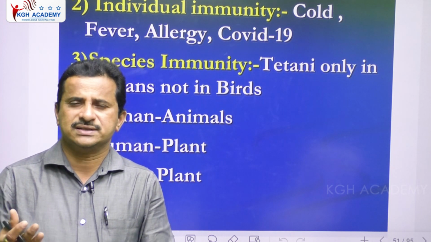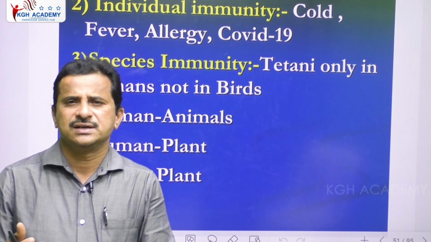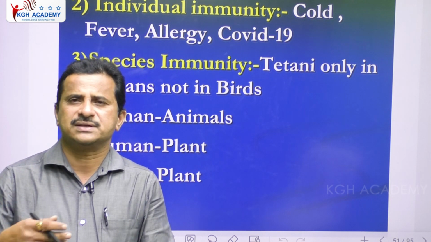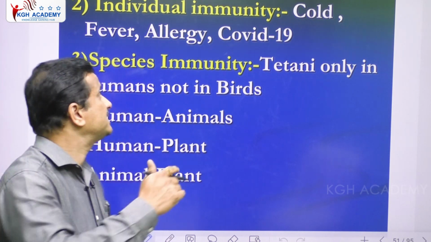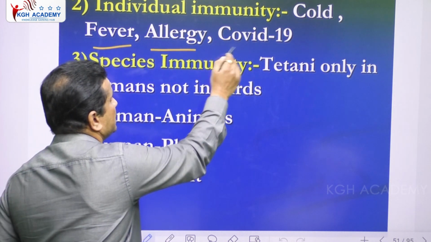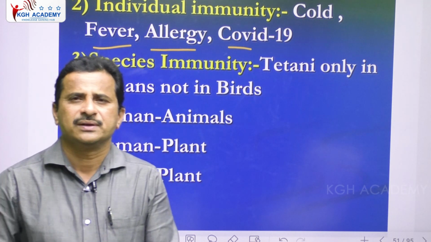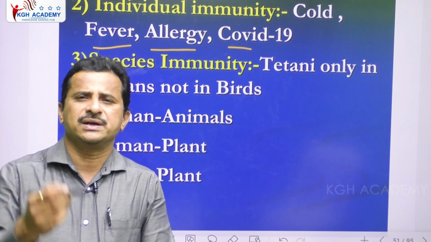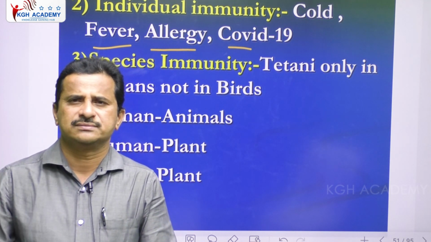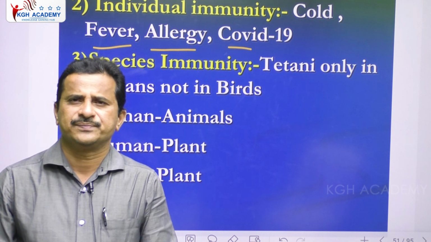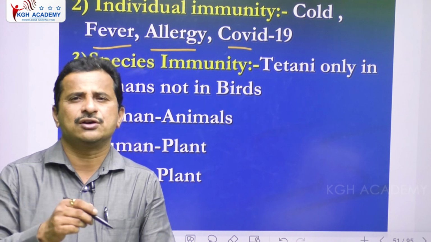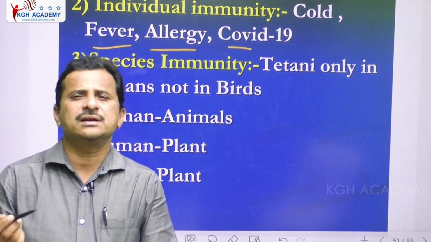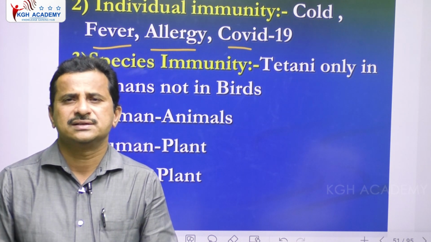Like many infectious diseases, they show effect on some persons, meaning they are frequently affected, while others are not. Best examples: fever, allergy, COVID, cold, etc. Some are allergic to chemicals, pollen grains, and viruses, while others do not develop it. So person to person, resistance is different.